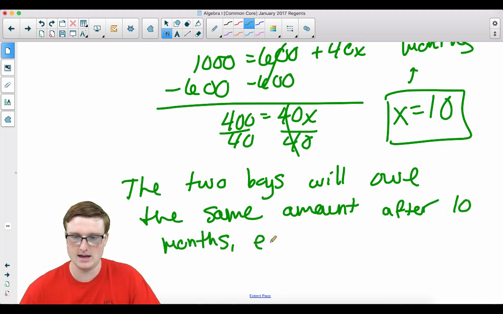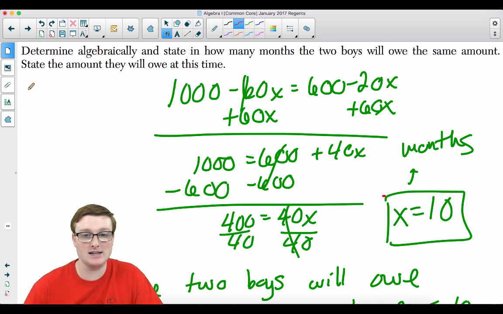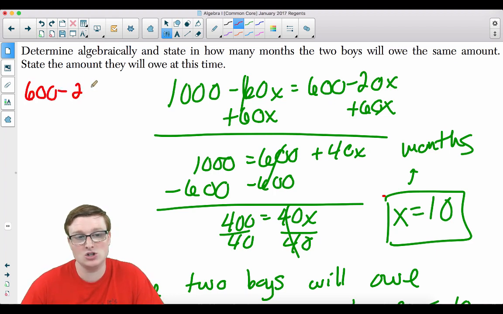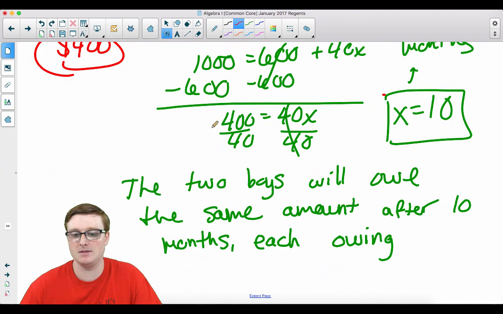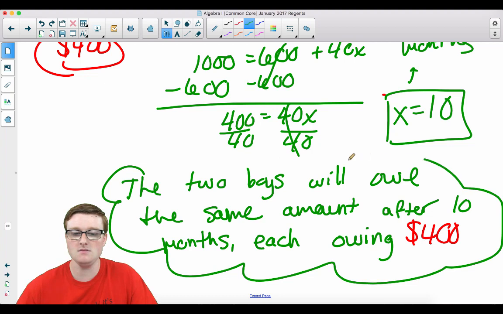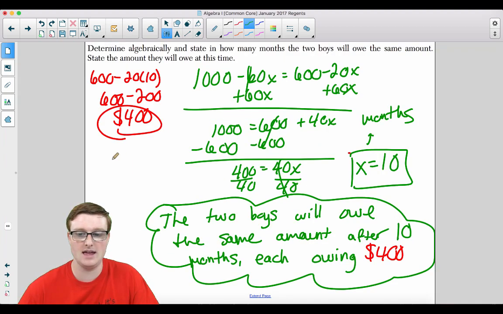Where they each owe, well, if we plug it in, 600 minus 20 times 10, that's going to be 600 minus 200. They both will owe $400 at this time. So both owing $400, and that is your explanation. So they owe the same after 10 months. And each owes $400. Okay.